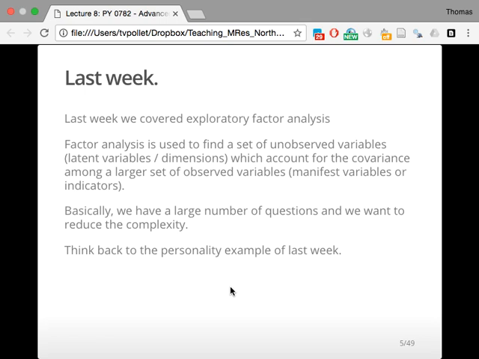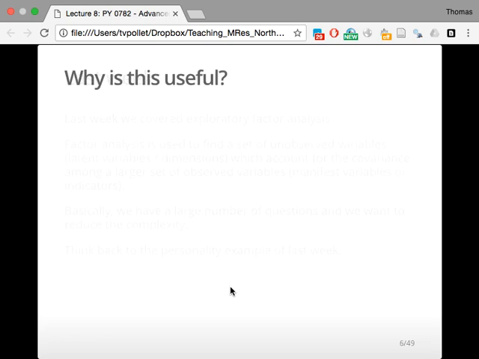So we had questions, and we saw the structure emerging. There's five factors in terms of personality, and we also did the same thing with the teacher data, and we saw some constructs emerging in terms of something to do with confidence, something to do with approachability. So those hidden constructs we saw emerging.